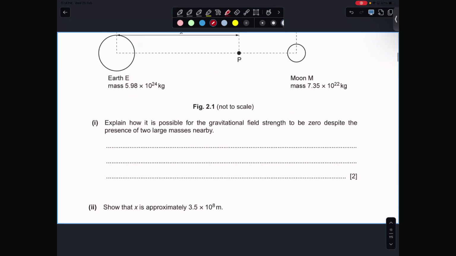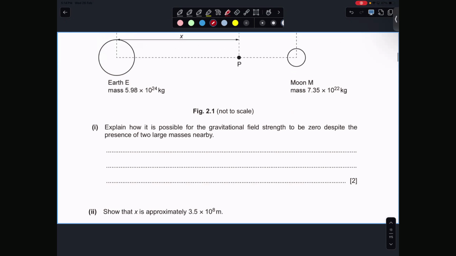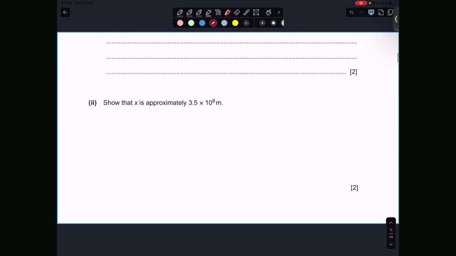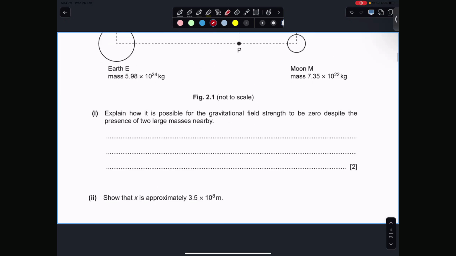Explain how it's possible for the gravitational field strength to be 0 despite the presence of 2 large masses nearby. What's the answer? The gravitational field at a point is equal and opposite, so therefore there is no net field strength at that location. That's why it's a null region. Show that x is approximately 3.5 × 10^8.